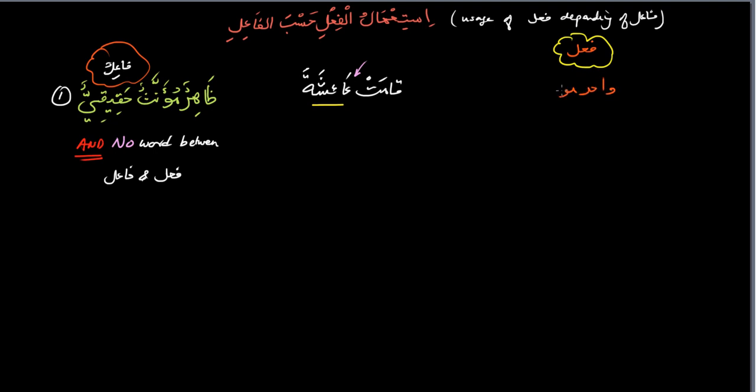Okay, واحد مؤنث, that makes sense, right? قامت عائشة, so it's a ظاهر مؤنث حقيقي. Okay, that kind of makes sense. Scenario number 2.